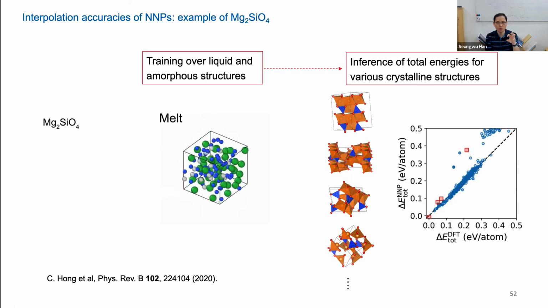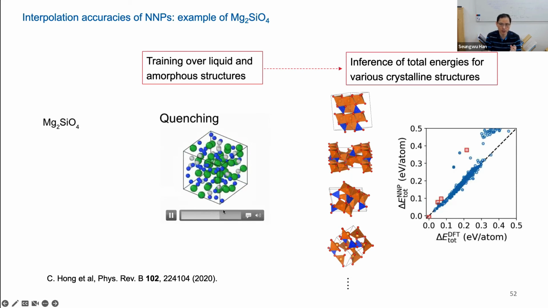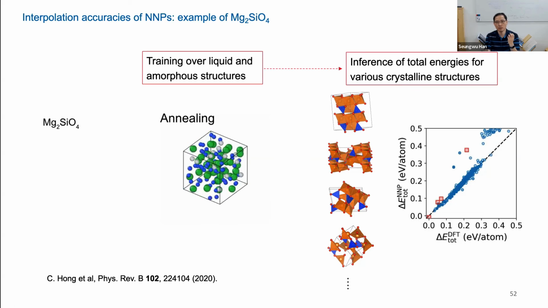However, there is local order. The configuration around a certain atom actually resembles the configuration in the actual crystal structure. And therefore, by providing data on these disordered structures, you may have a very good machine learning potential for describing the energy of the possible configurations.